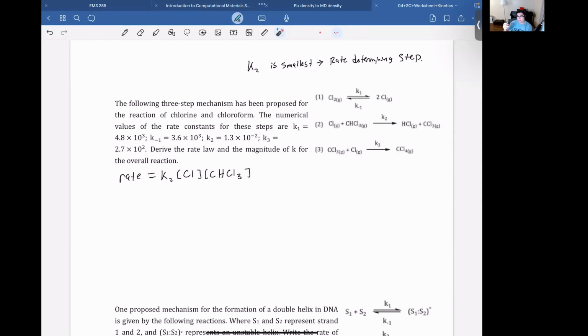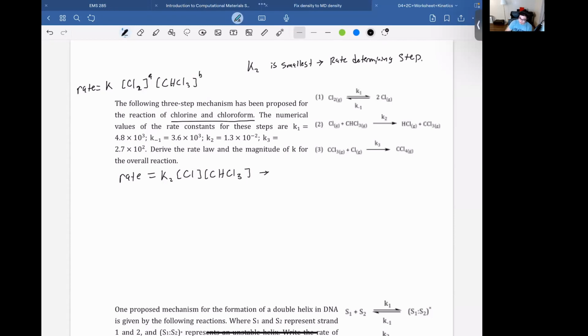Now, do note here that the chlorine is not what we want, right? Because what we're looking for in this overall reaction, chlorine and chloroform, is something where the rate is equal to K times the concentration of chlorine to some power times the concentration of chloroform to some power.